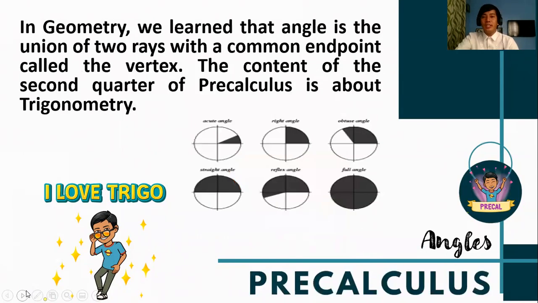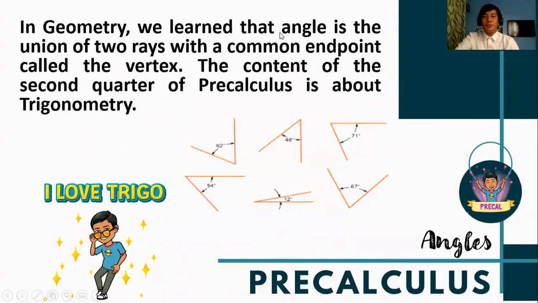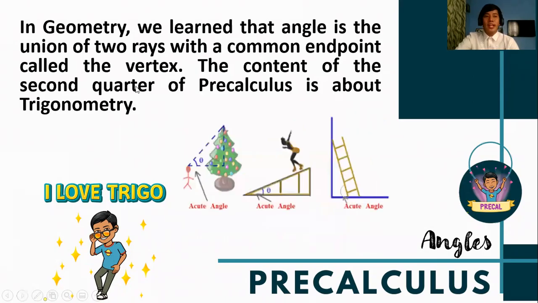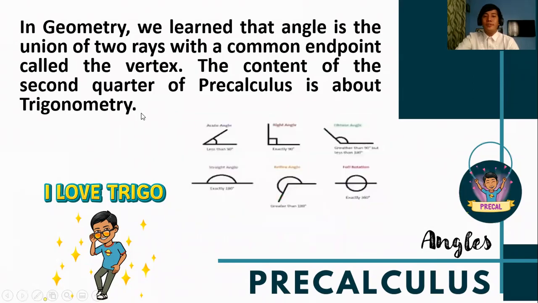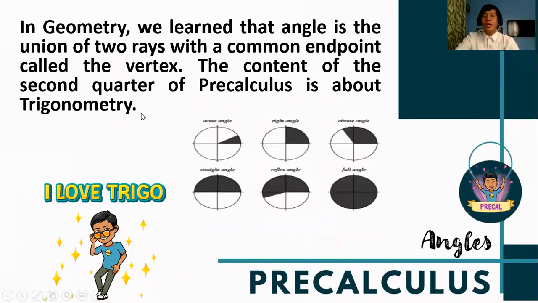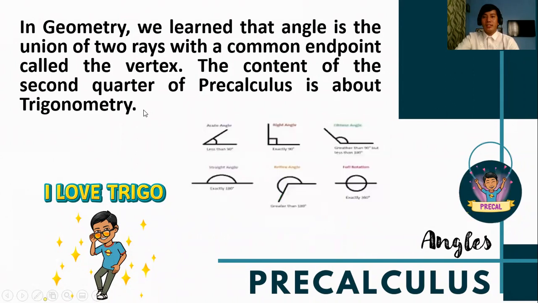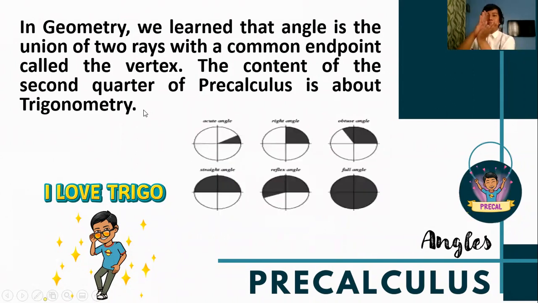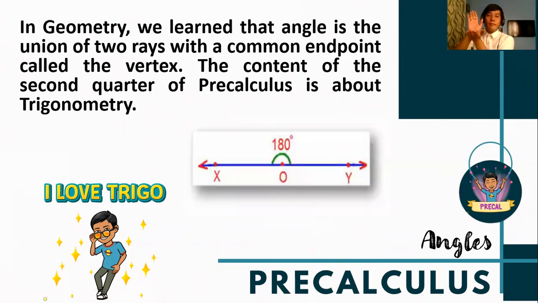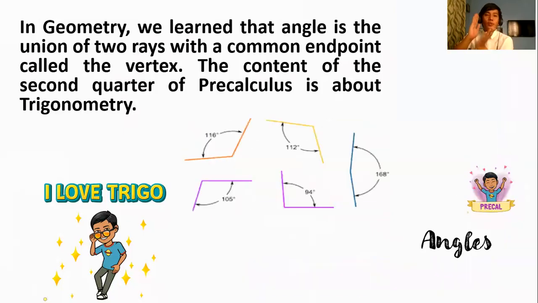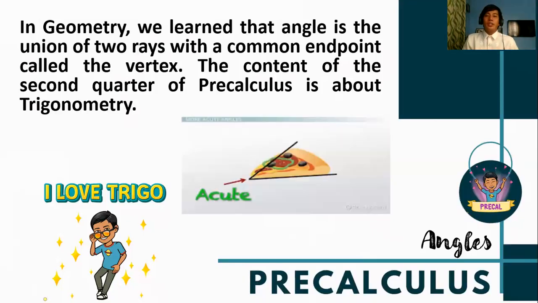So in geometry, the first concepts that we usually learn are the undefined terms: the points, lines, and planes. And of course, one of the defined terms is what we know as the angle. As you could see in my hand, the angle could be formed by the union of two rays with a common endpoint called the vertex.